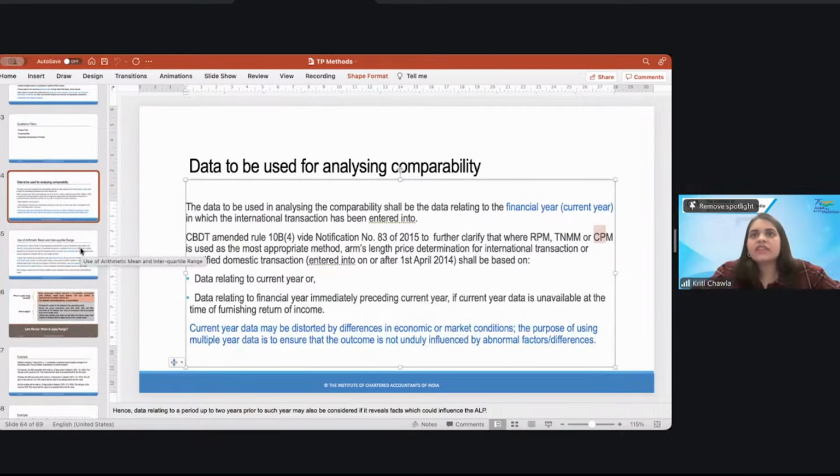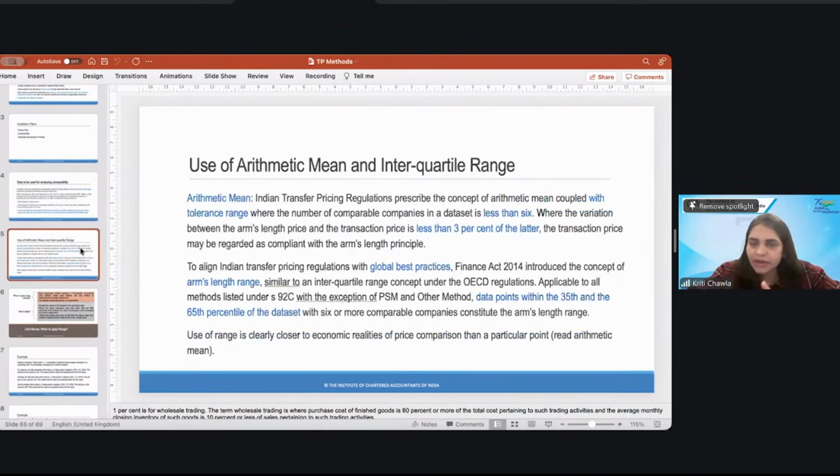Well, that is where we have the concept of arithmetic mean, and we also have the concept of interquartile range. If you can just allow me 1 minute, I will share the screen to help you understand how we do this particular step. So just allow me a minute.